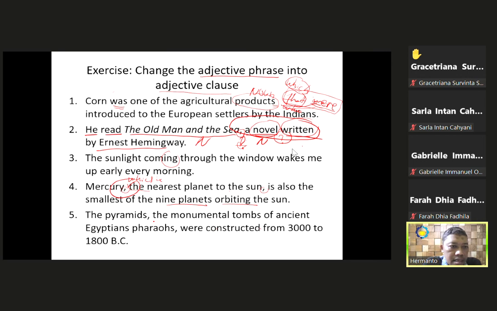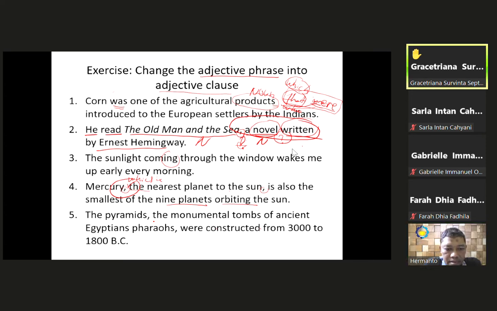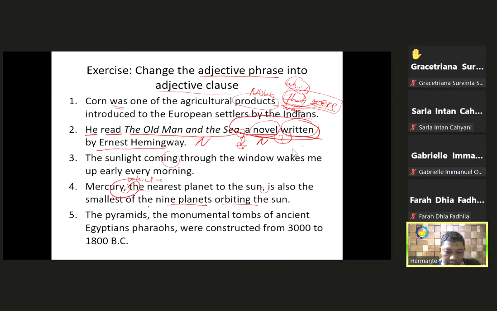Next, number 5. Yes. The pyramids, which are the monumental tombs of ancient Egyptian pharaohs, were constructed from 3000 to 1800 BC. Okay, your answer is which are. Okay, you put it here.